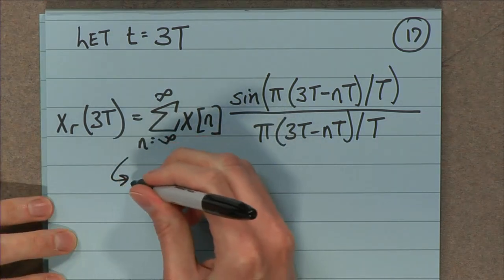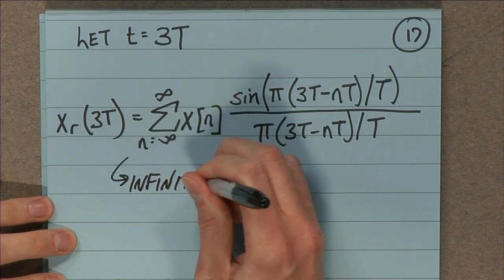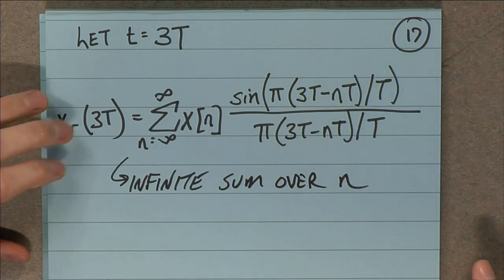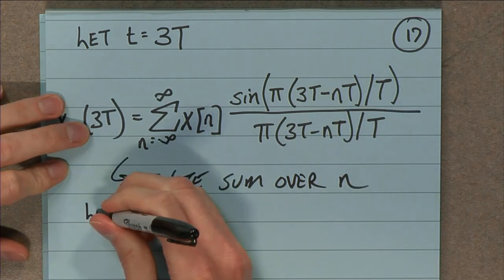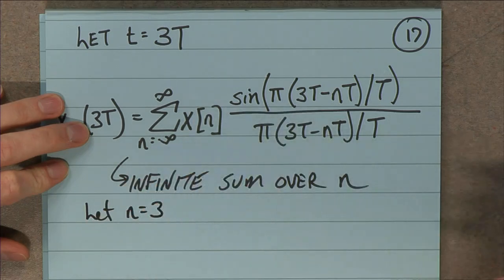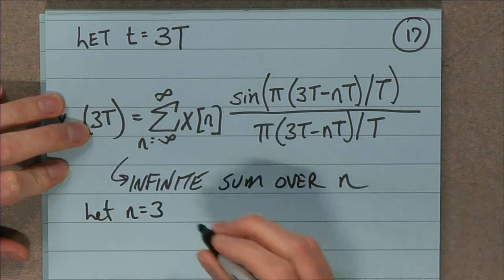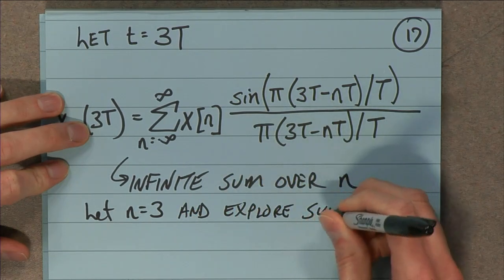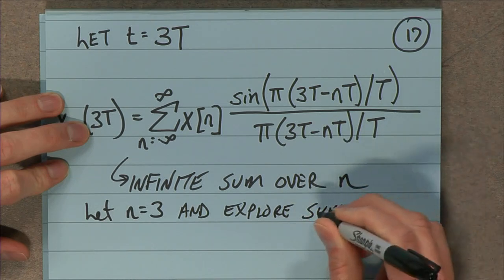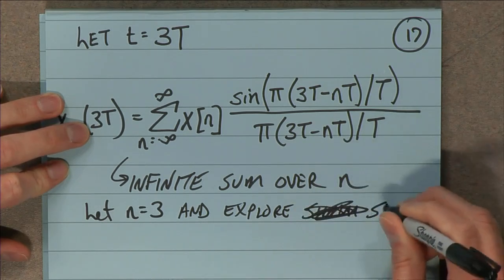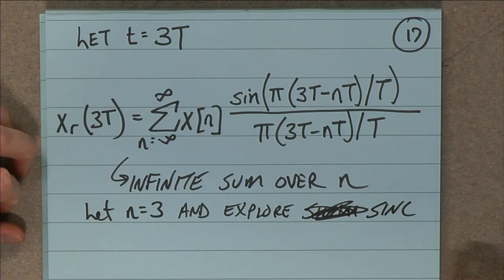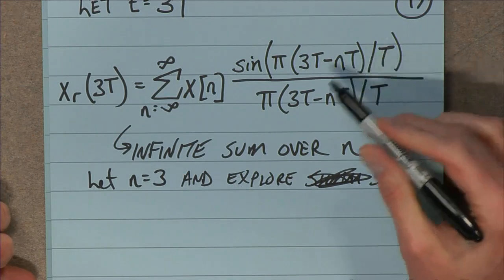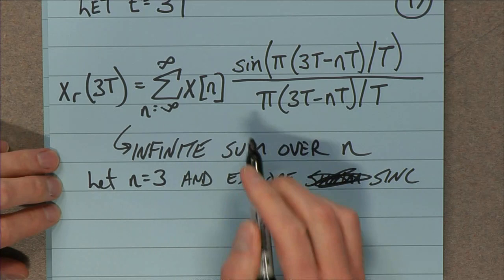So I'm going to make a note here. This is an infinite sum over n. So we're going to let n equal 3 and see what happens. I'm just going to explore the sinc function; that's what we're doing. We're just going to see what happens. So inside this summation, what is this?